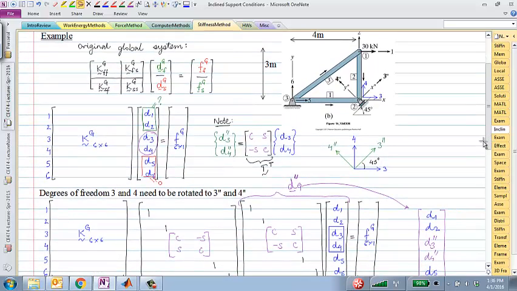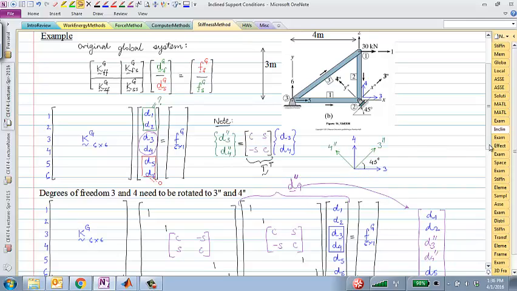We said that in order to modify 3, 4 to 3 double prime, 4 double prime, we'll use the transformation matrix that we've been using for every other quantity. So transformation matrix transpose acting on the global degrees of freedom gives me the local or the inclined degrees of freedom, I should call it.